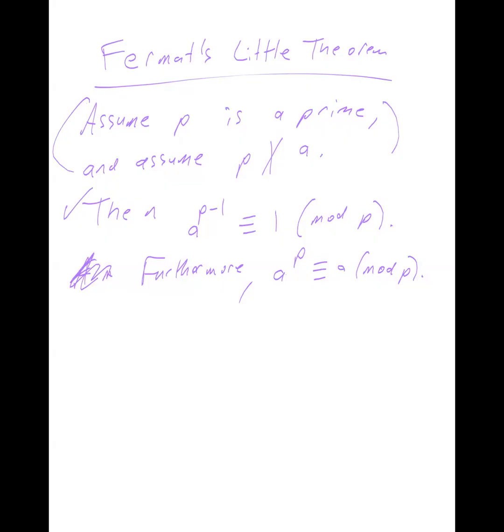So let's just go ahead and figure out what this means. So somebody give me a prime number, maybe anything lower than 20. 7? Okay. So let's just do the example P equals 7. Okay, good job. And now give me a number that 7 does not divide into.